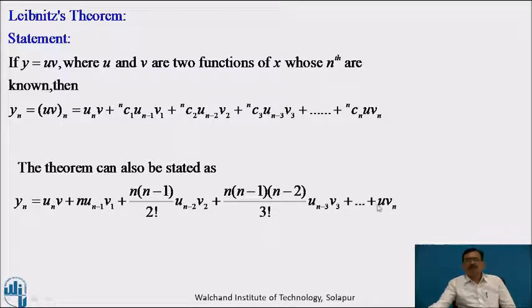The nth term will be u as it is and the nth derivative of v, that is v suffix n. After simplifying the above step, we get this, and directly we can make use of this statement to find the nth derivative of y equal to u into v.